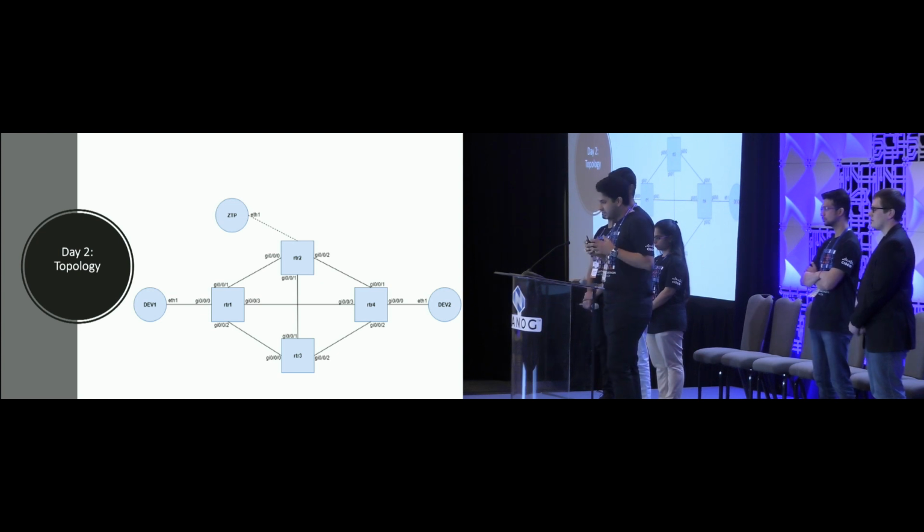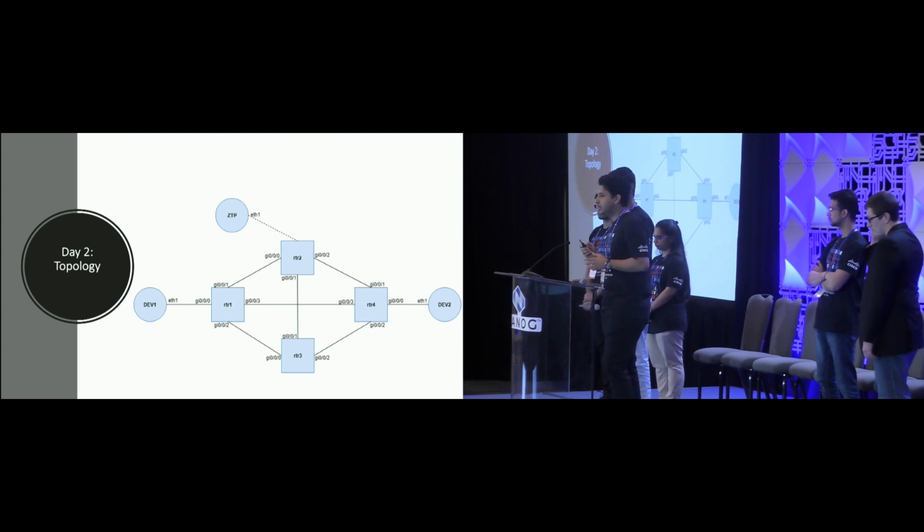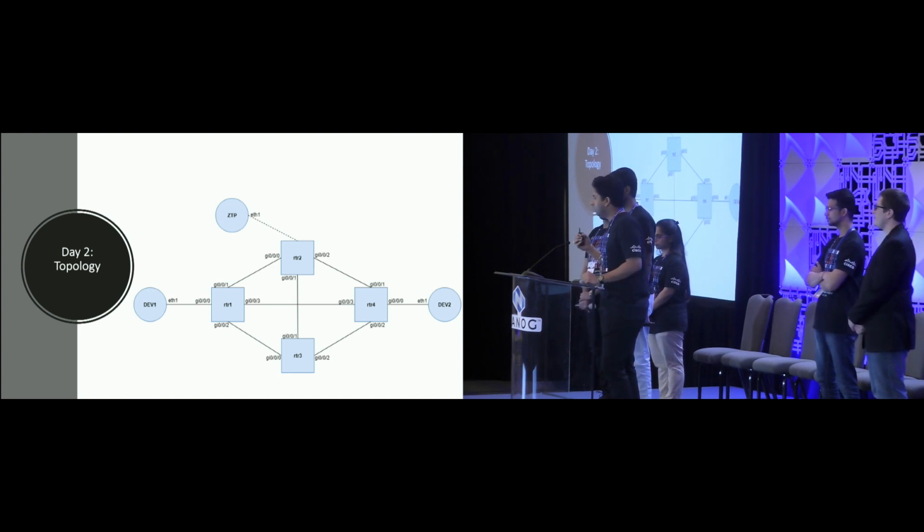So day two, once in day 0 and day 1, all the basic networking and interfacing and protocols were pushed, we had to encompass the entire topology into getting and fetching all the information and establishing MPLS LSPs.